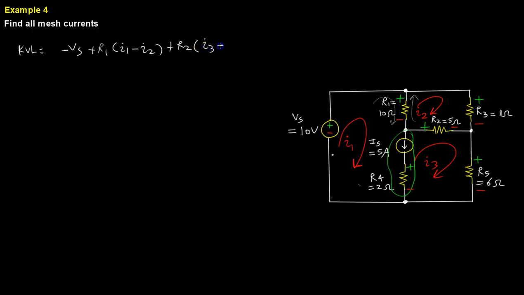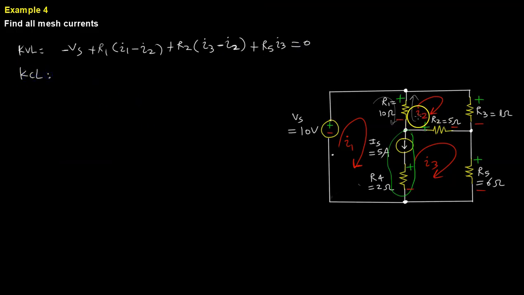I keep emphasizing this because it can be tricky when you first see this concept. So I3 minus I2, then we finish off with plus R5 times simply I3, and all of that is equal to 0.